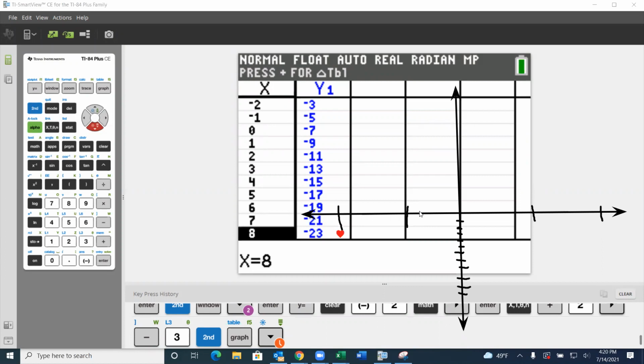So left 1, down 5. 1, 2, 3, 4, 5. So about right there. Then I need 0, -7. 2, 3, 4, 5, 6. So about right there. Then I need 1, -9. So right 1, down 9. And then 2, -11 is about right there.